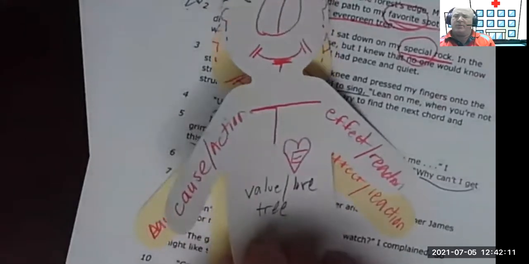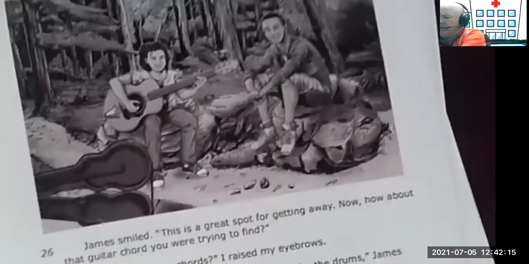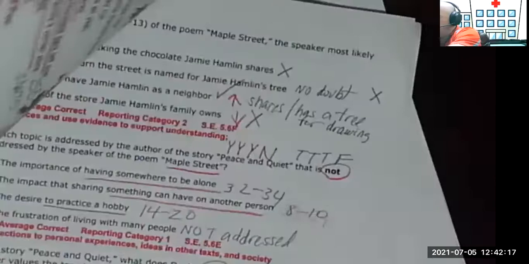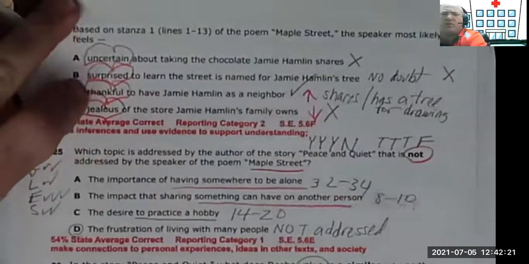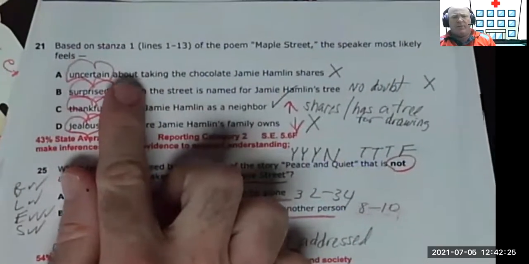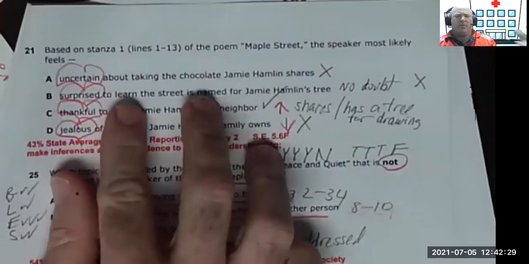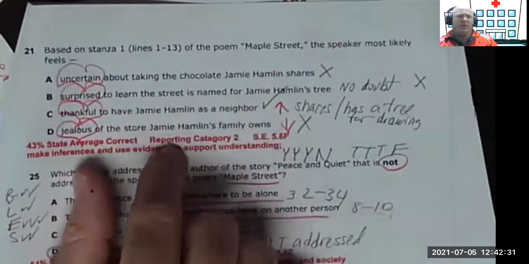So, without further ado, let's go ahead and take a look at the 4 questions that gave our kids the most struggles. Number 21, and I didn't pick all the questions, I just picked the 4 from both passages that seem to give your kids the most struggles.